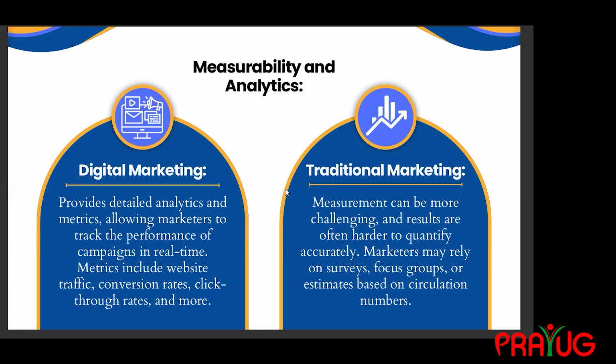Okay. Then come to measurability and analytics. Digital marketing provides you detailed analytics and metrics, allowing marketers to track the performance of their campaigns in real time: the traffic they got on their website, the conversion rates, click-through rates, and more. They can directly see this on Google Analytics or the tools that Google, Instagram and Facebook have provided, right?